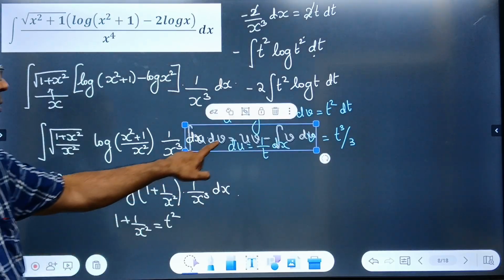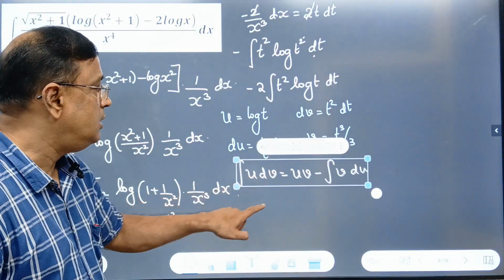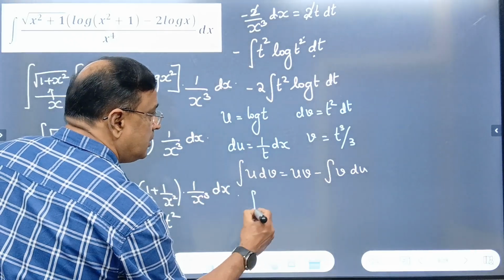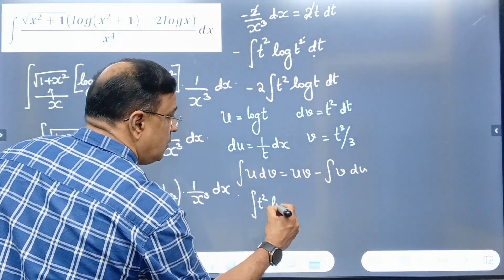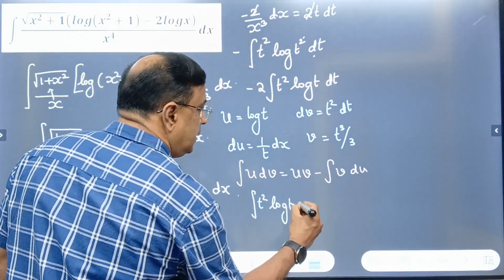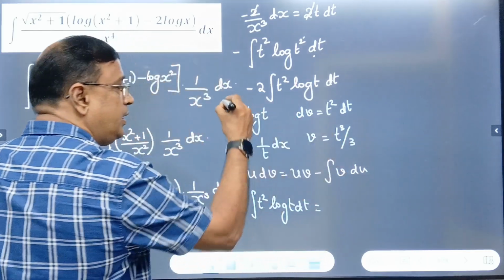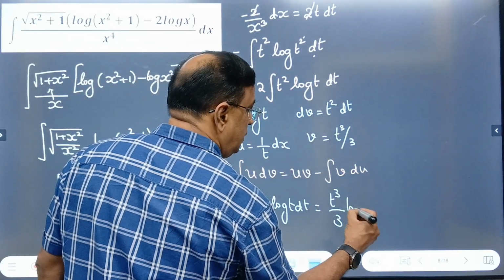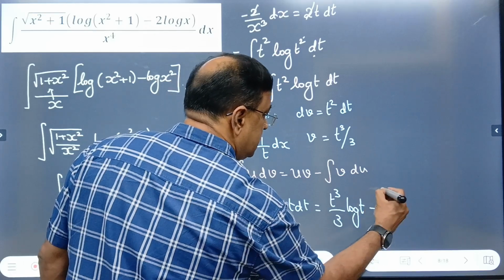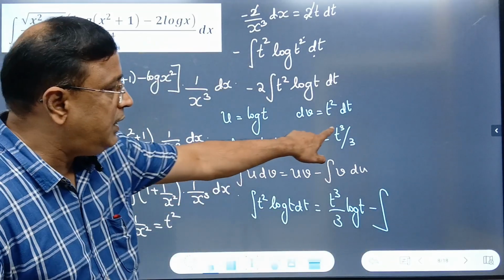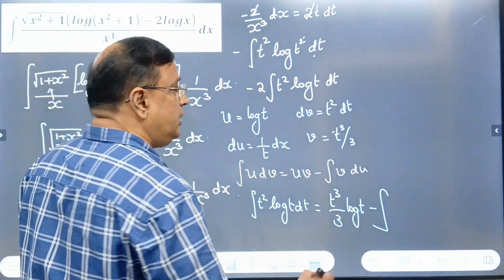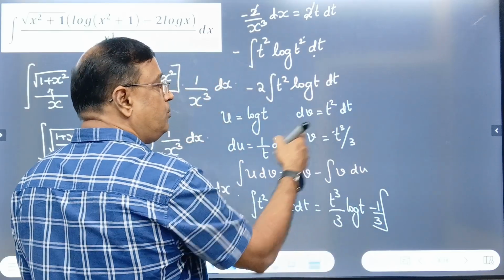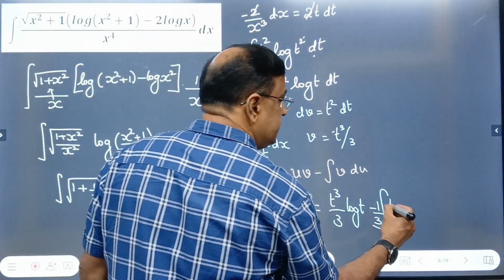So what is integration by parts? This is the formula. And the formula is integral t square log t dt is uv. What is uv? T cube by 3 log t, uv minus integral v du. When you do v du, you have 1 by 3. T is cube and t will get cancelled. You get t square dt.